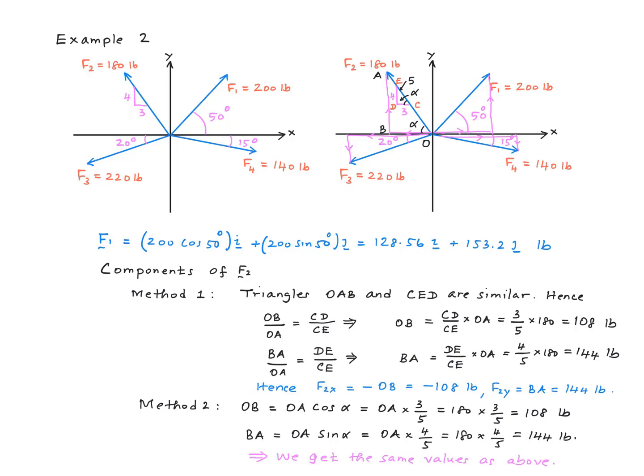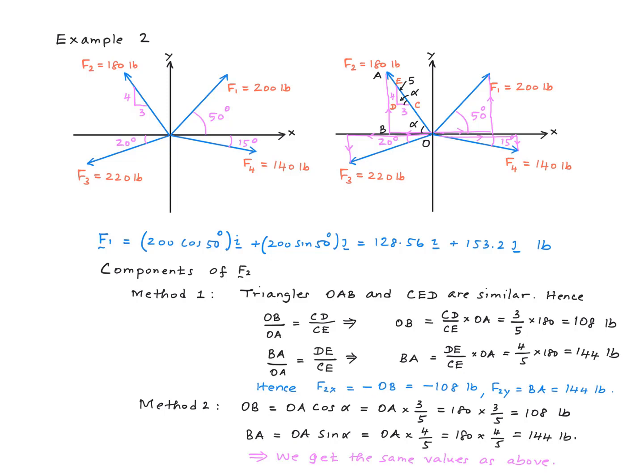All right, so similarly, to find the vertical side of this big triangle, I write this: BA over OA must be equal to DE over CE. And that, after simplifying, gives me 144 pounds for BA.